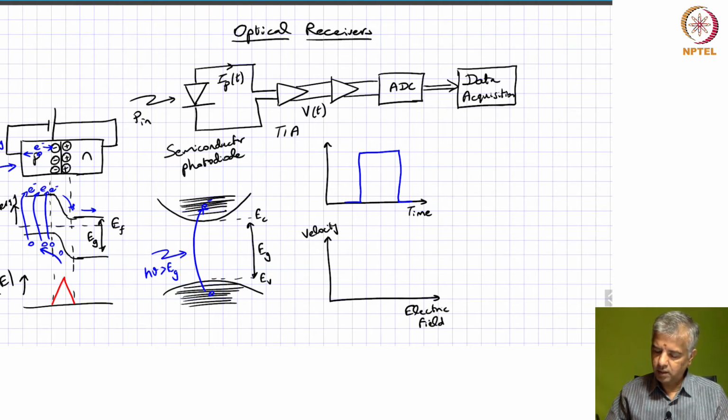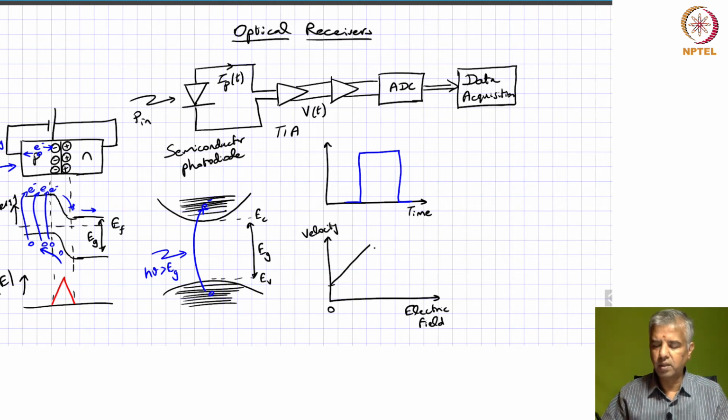If you consider the electric field across the structure, if the field is quite low, the velocity would correspond to a certain level, and as you increase the electric field, you will see that the carriers are accelerated across the structure.